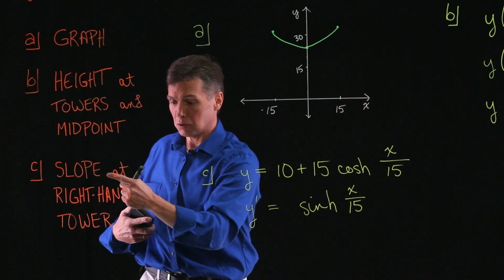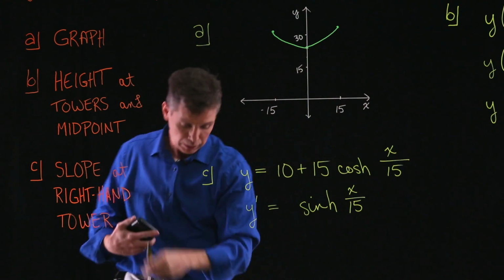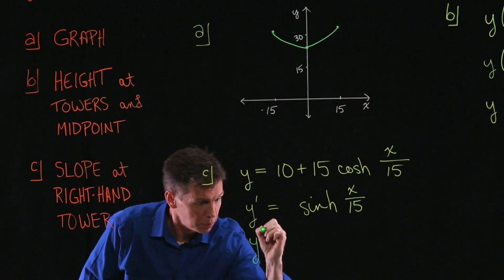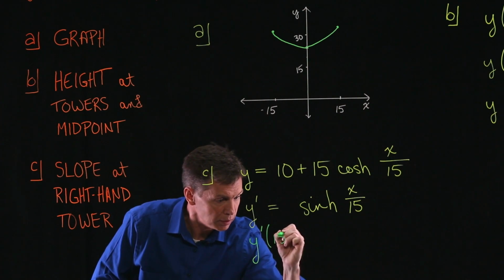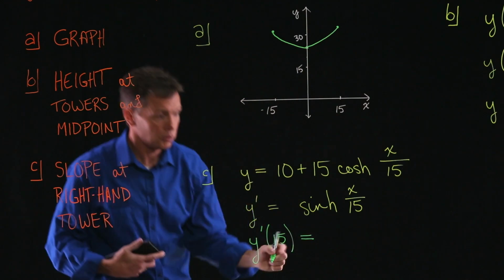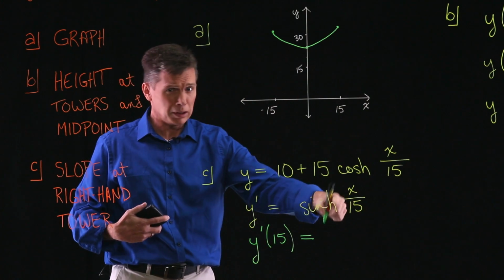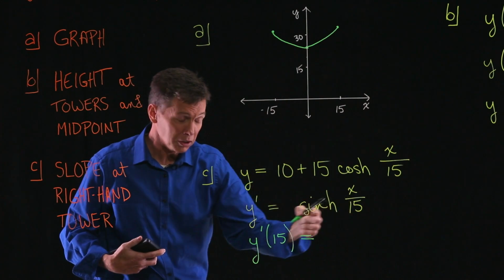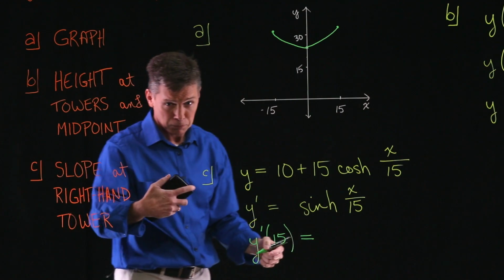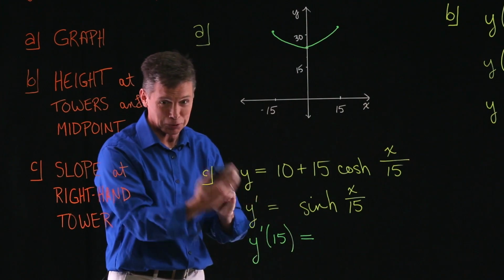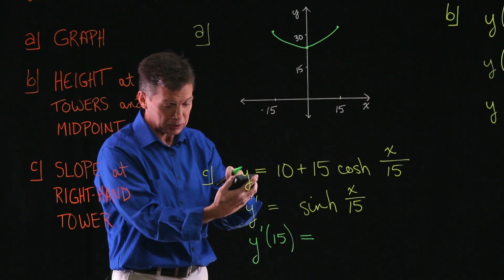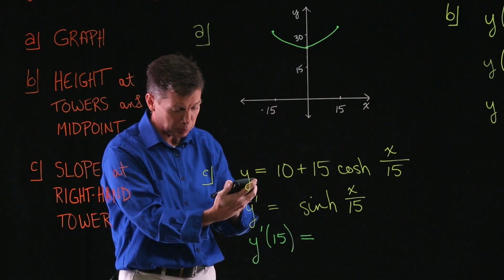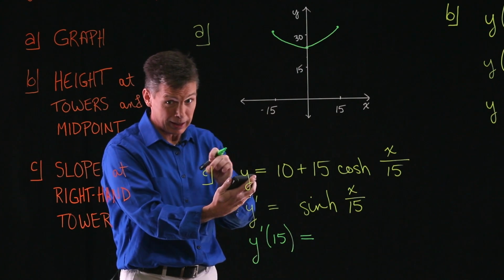But specifically, they want to know the slope at that right-hand tower. Okay? So that means I just want y prime at 15. So I'm putting a 15 here for x. I won't write this. I'll do a little bit of math in my head again. 15 over 15 is 1. So I just need the hyperbolic sine of 1. Did you notice I had my hand on the calculator the whole time? So I still need it. I'm just going to do the hyperbolic sine, which again, you're probably going to have to dig through your catalog or something comparable for SINH.